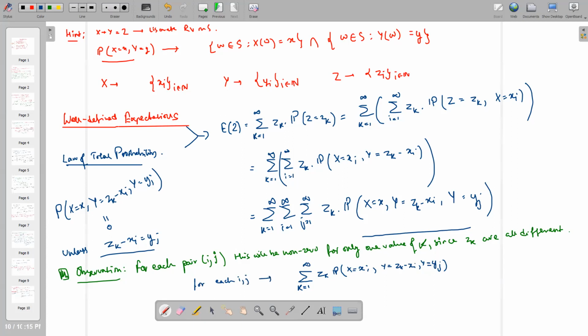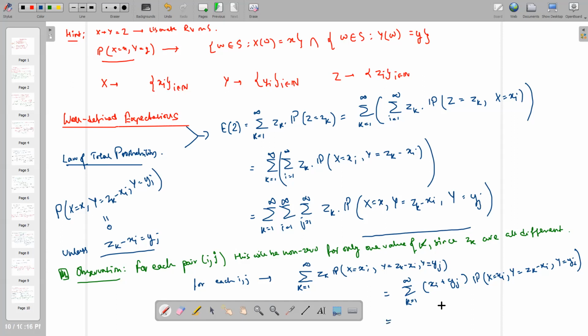So we can write this as k running from 1 to infinity, xi plus yj, probability x equals xi, y equals zk minus xi, y equal to yj, right?